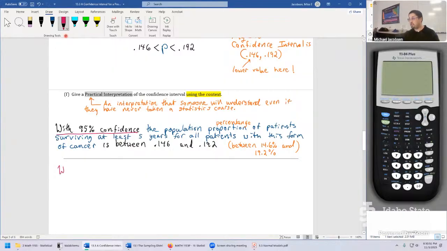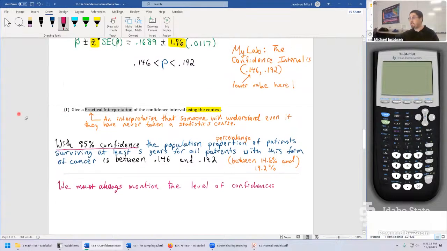So we must always mention the level of confidence. So that's just a reminder when we go to write out our practical interpretation.